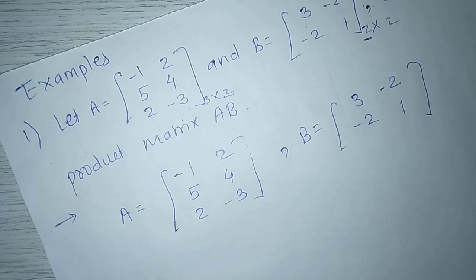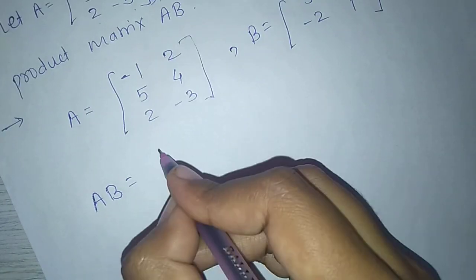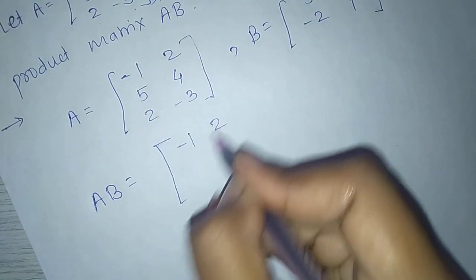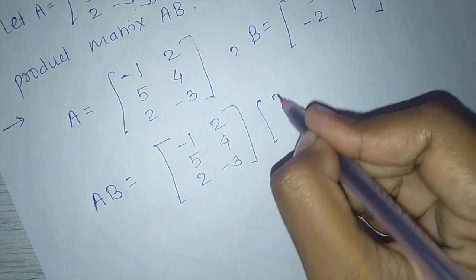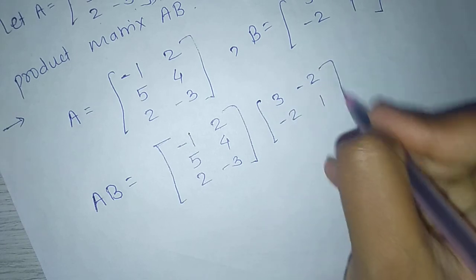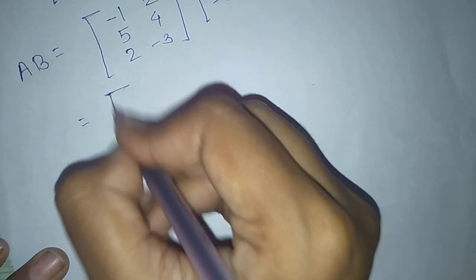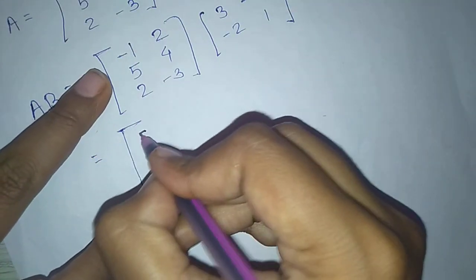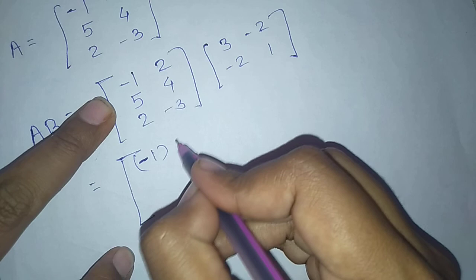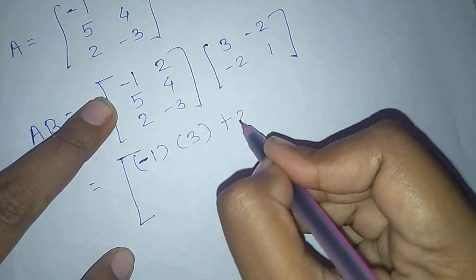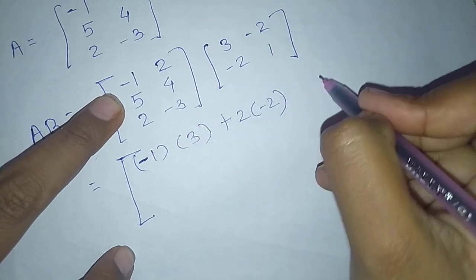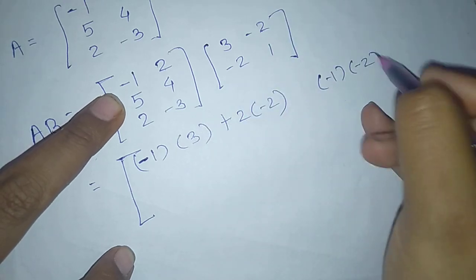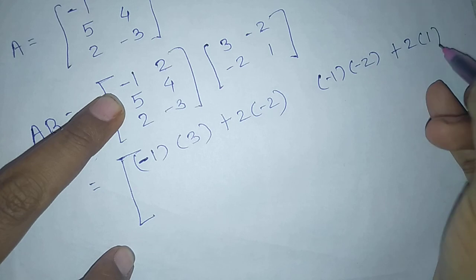A into B equals this product, which is equal to: minus 1 into 3 plus 2 into minus 2; second entry, minus 1 into minus 2 plus 2 into 1.